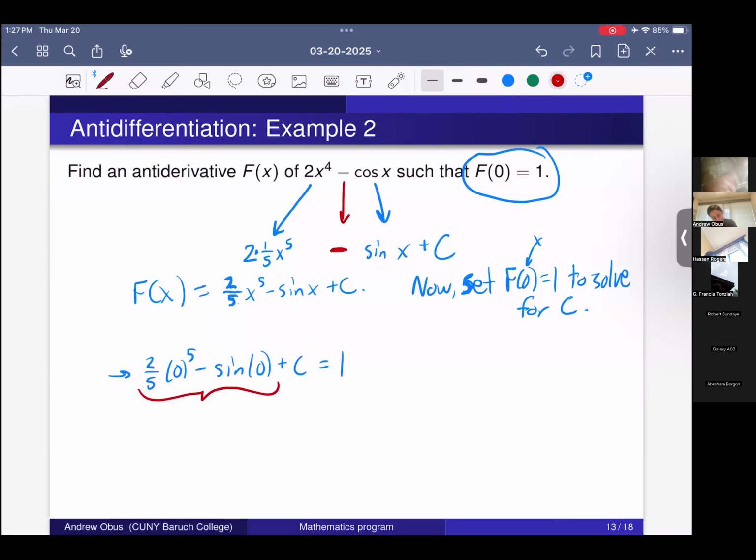This here is f of 0, trying to solve f of 0 equals 1. And as an equation, well, this is easy because this is 0 and this is 0. So this just becomes c equals 1, right? So this here is equal to 0 and this here is equal to 0. So what you're left with is just the c to get 1.